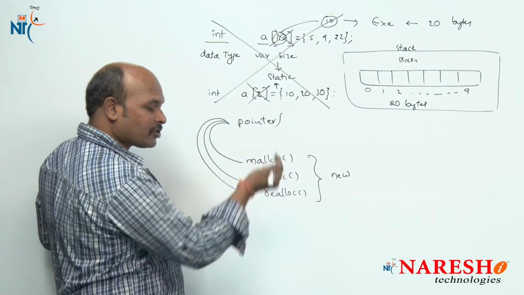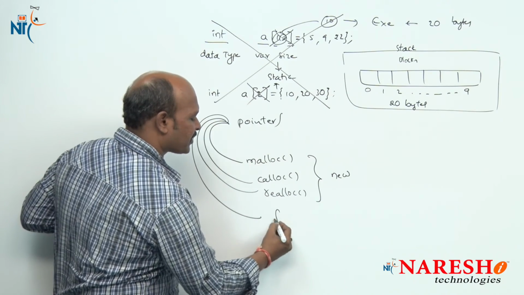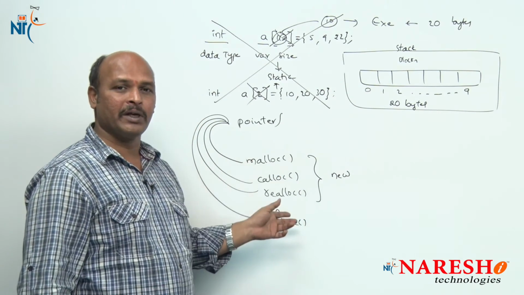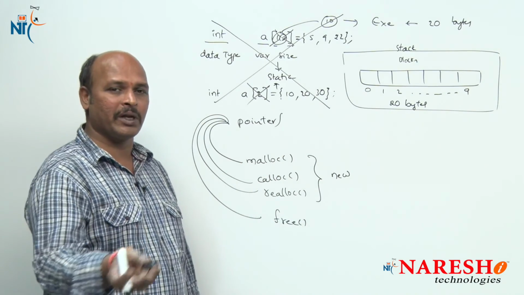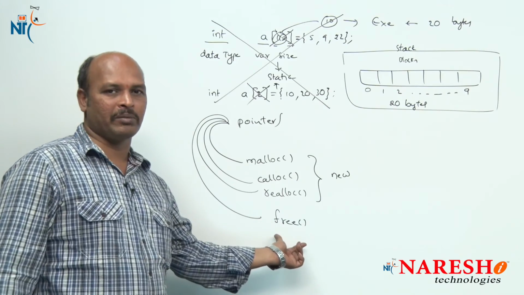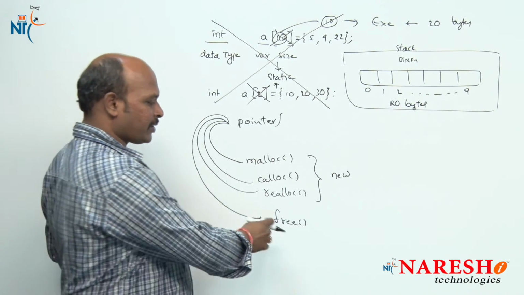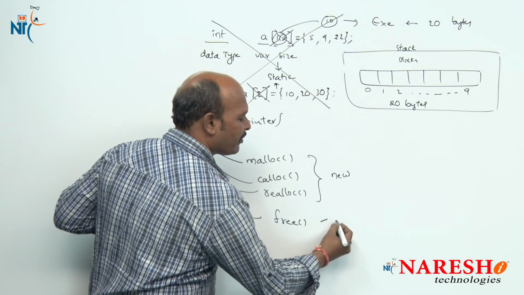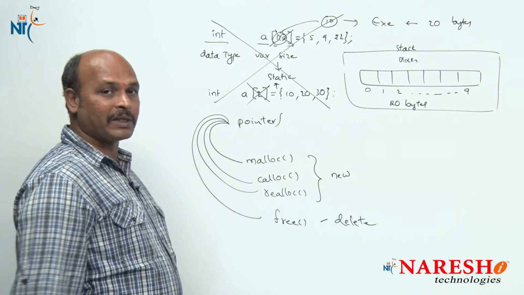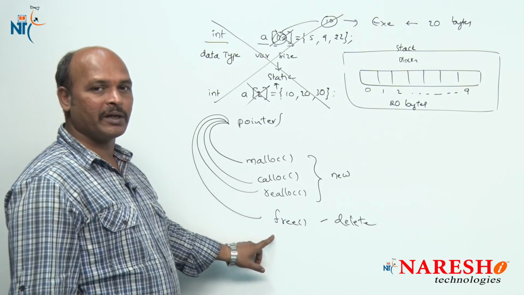As usual, to deallocate the memory in C language we use the free function. After allocating the memory, if I want to use the same memory in the next program or continuation, then we have to deallocate it. For that we use the free function in C. Instead of this, in C++ they have given the delete operator, which is used to clear the memory occupied.